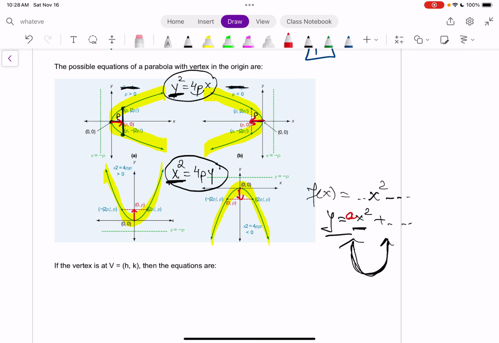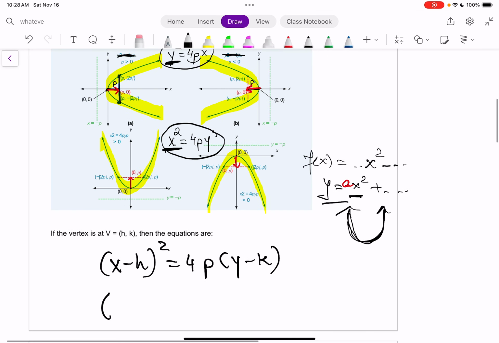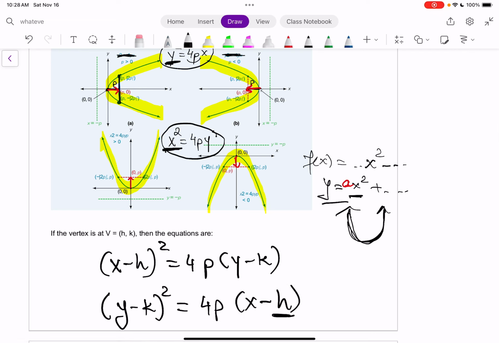If the vertex is at some point of coordinates (h, k), then our two equations are going to change by subtracting the h and the k from x and y. Also be very careful. The x coordinate of the vertex always has to be subtracted from x.